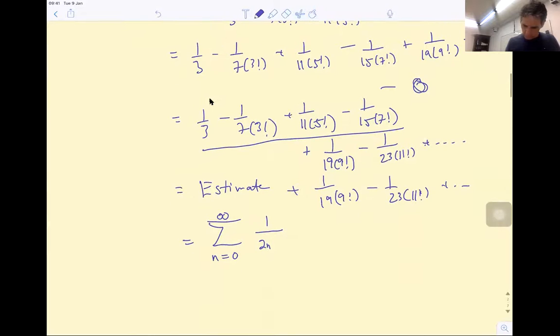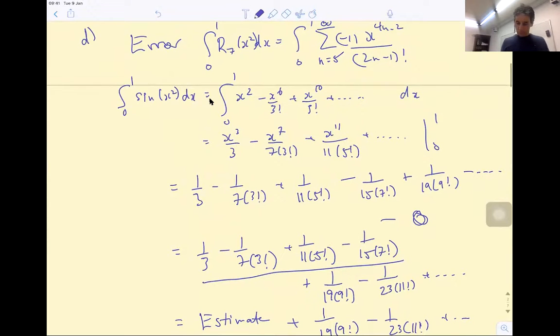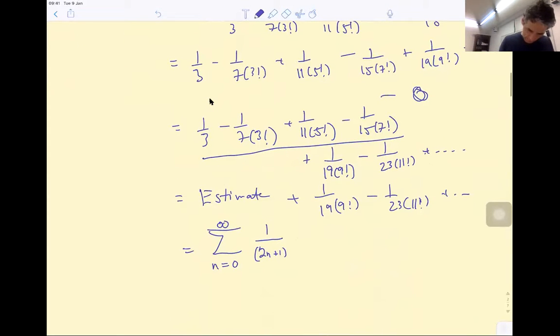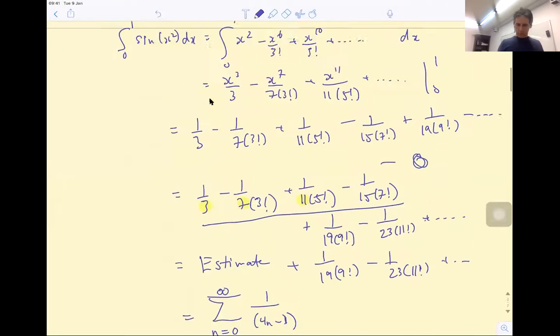What we took was 2n plus 1. That's our 4n minus 1. Okay, so let me highlight this. The 3, the 7, and the 11 are all found from the formula 4n minus 1. Why 4n minus 1?